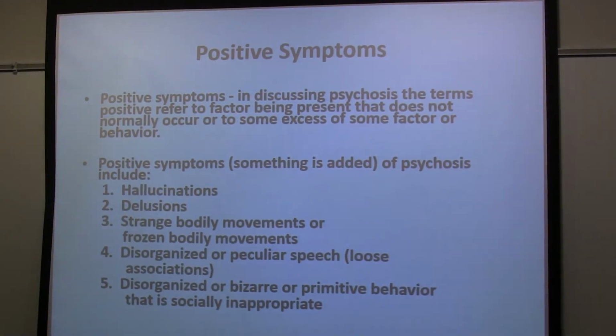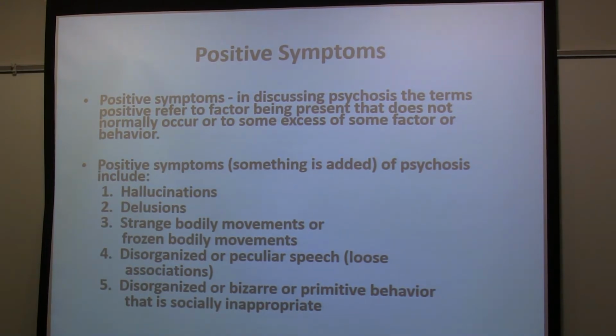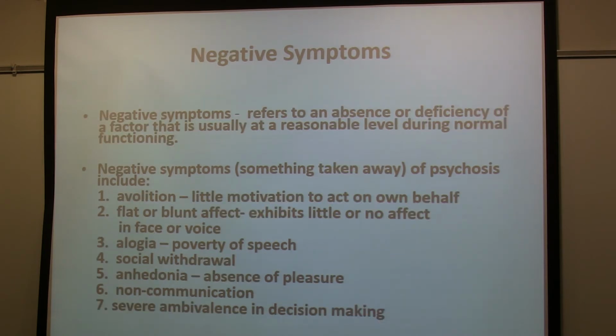So what is something that's added? Could be hallucinations that weren't there before, they're added. Delusions, strange bodily movements or what we call frozen bodily movements, disorganized or peculiar speech, again the loose associations I mentioned, or disorganized or bizarre or primitive behavior that is considered to be socially inappropriate. Those could all be positive symptoms.